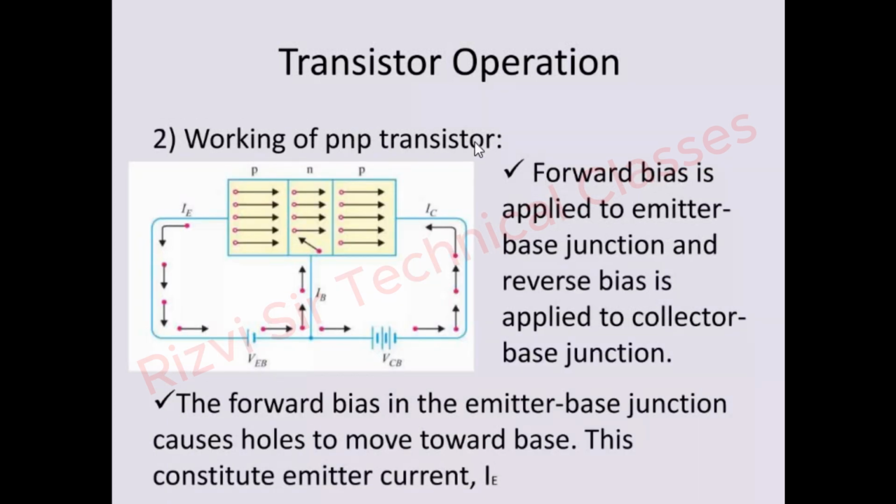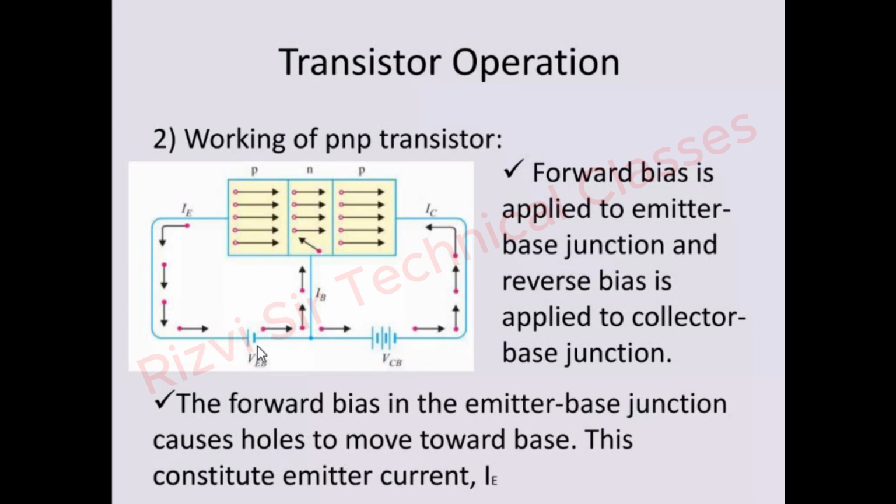Working principle of PNP transistor. Forward bias is applied to emitter base junction and reverse bias is applied to collector base junction. The forward bias in the emitter base junction causes holes to move towards base. This constitutes emitter current. Here it's a battery, here we are applying the source.